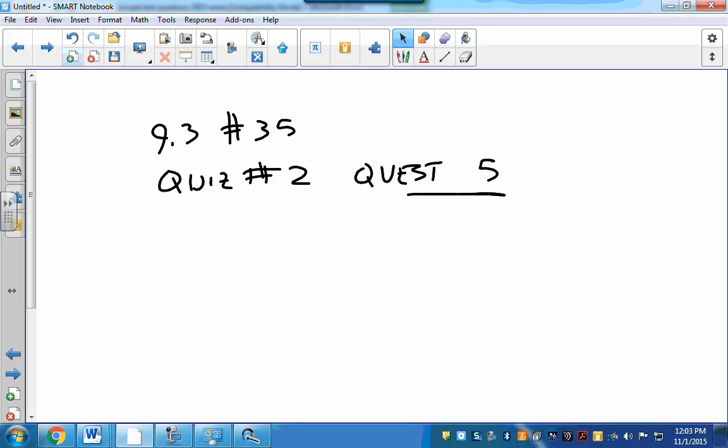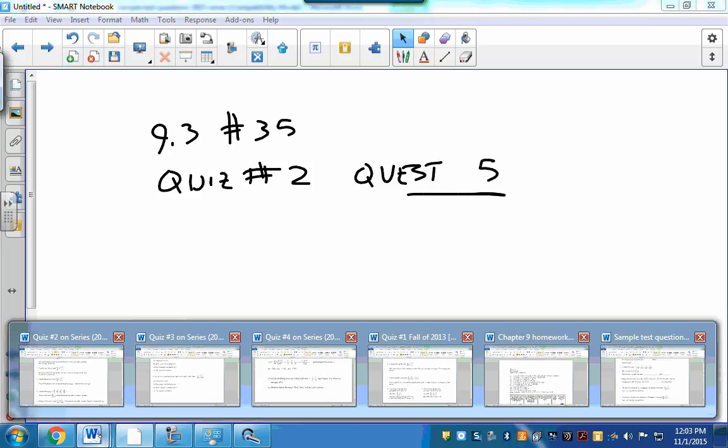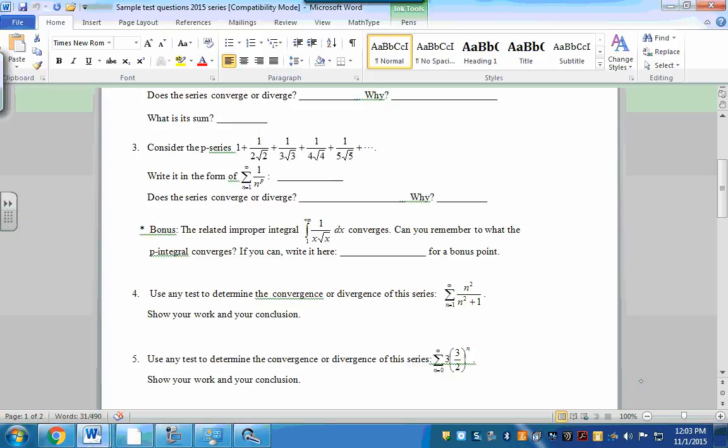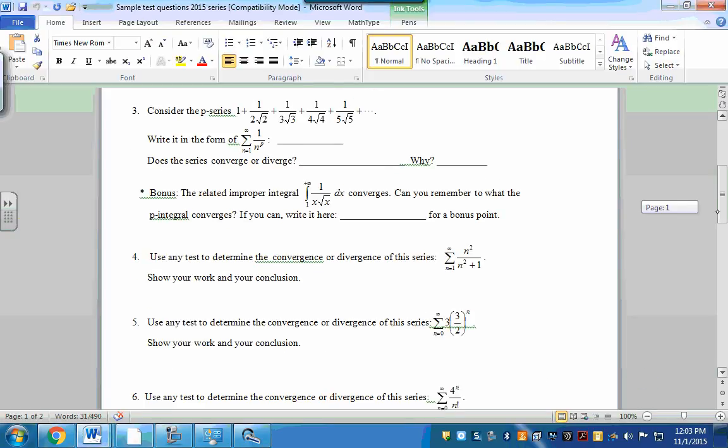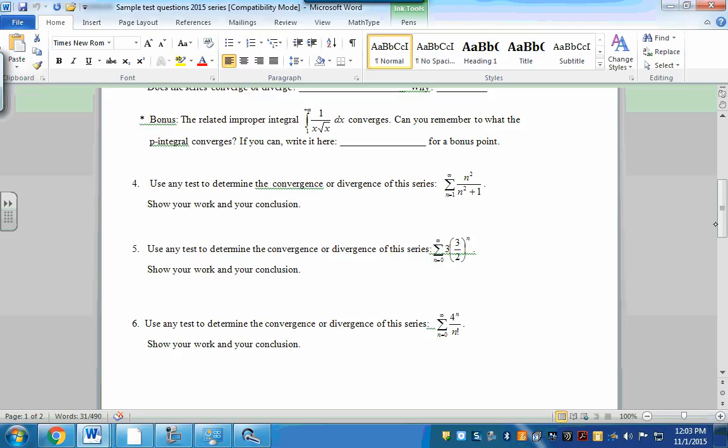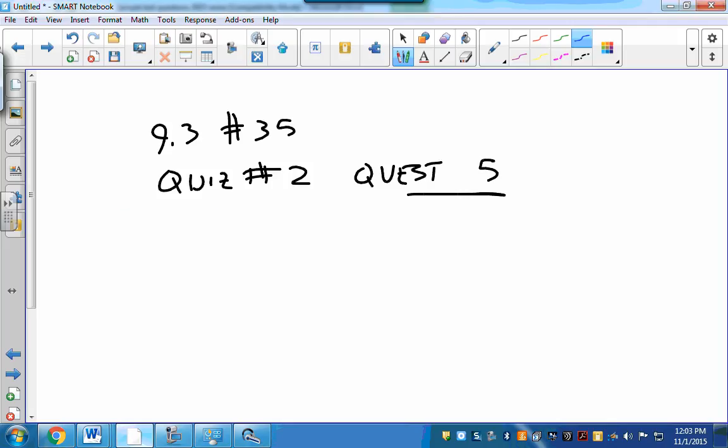Next question on the sample test was one having to do with convergence. This is number 4 I'm looking at. Use any test to determine the convergence of this particular series here, n squared over n squared plus 1. Well, obviously we talk about the nth term test for divergence.